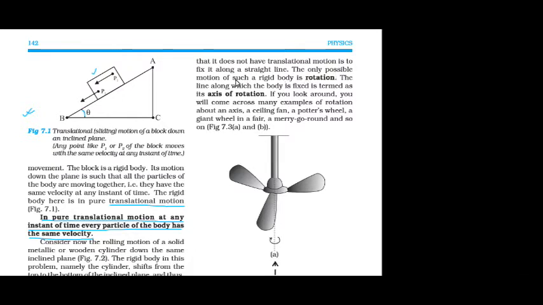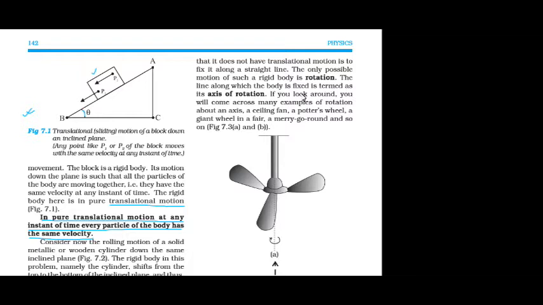The only possible motion of such a rigid body is rotation. The line along which the body is fixed is termed its axis of rotation.